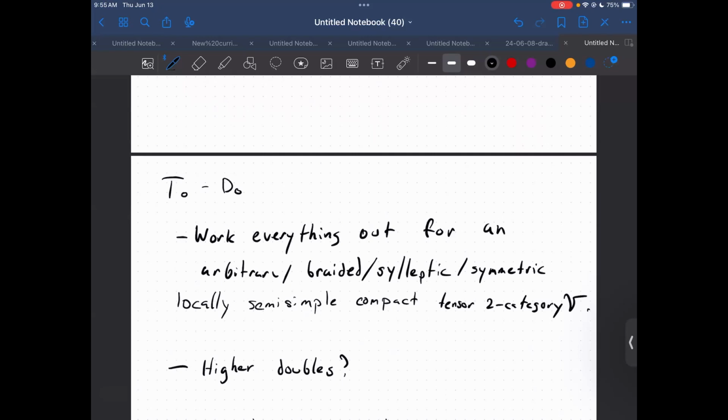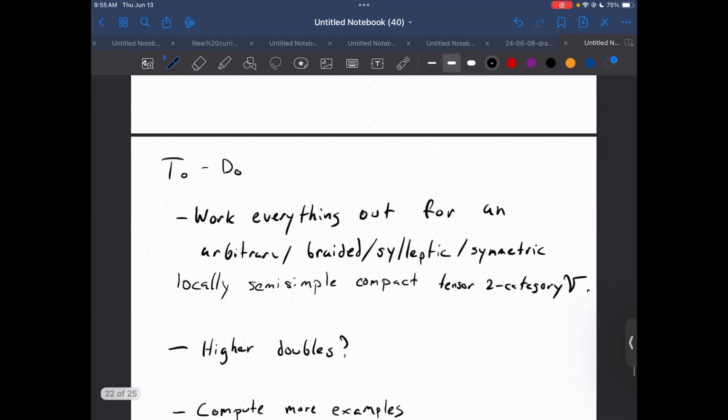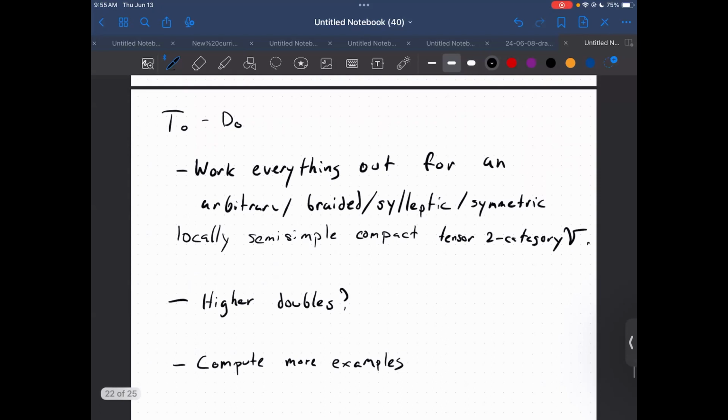I'm not sure, but I want to try and figure it out. And then, yeah, at least back in the 2Vect case, we should know all of the examples. So we can do some computations and figure out what all the Hopf categories are. So that should be done.